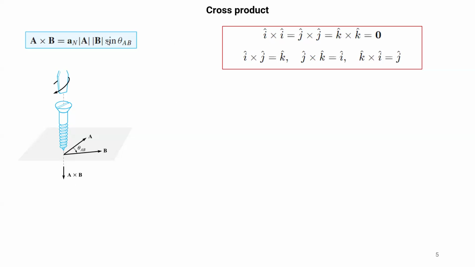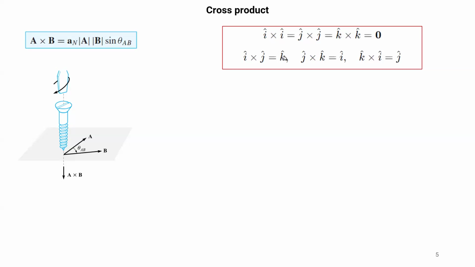Following this definition, we find that for the unit vectors i, j, k, the cross products i times i, j times j, k times k give us 0, because the sine of theta is 0. But the other products, like i cross j, give you k, and so on, with the cyclic replacement of the vectors.